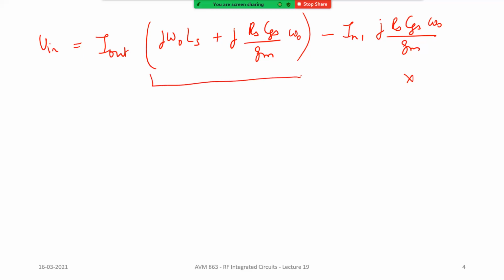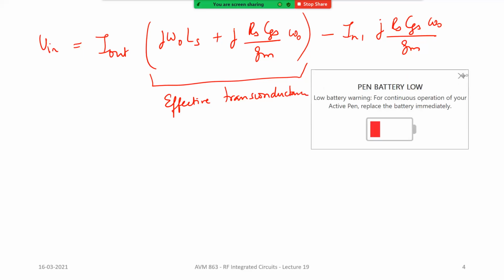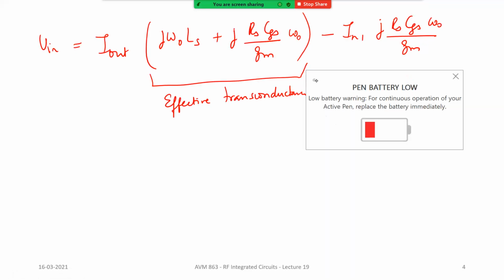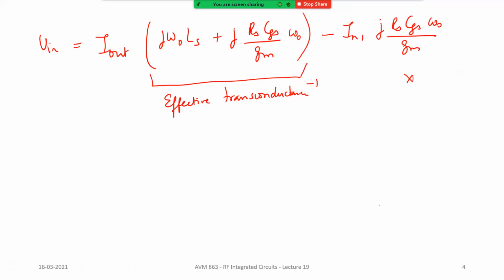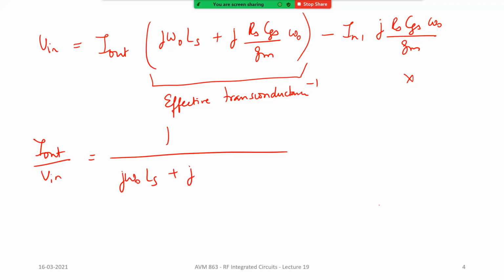So in other words, we can say that this term can be called the effective transconductance, or rather the inverse of this whole thing. So in other words, we can say that I out divided by V in can be written as 1 by j omega naught Ls plus j Rs Cgs divided by Gm into omega naught.